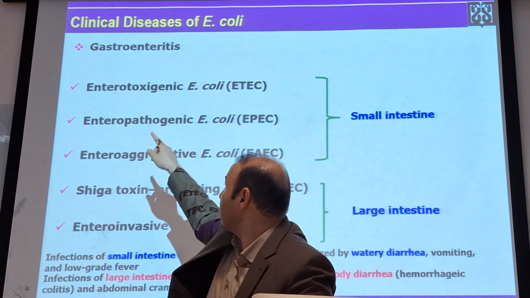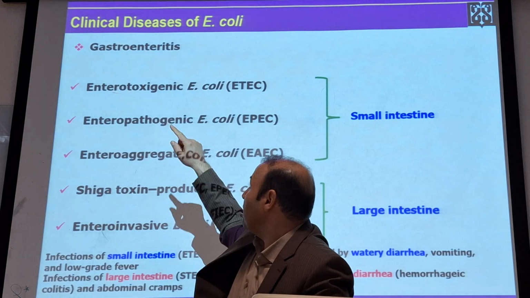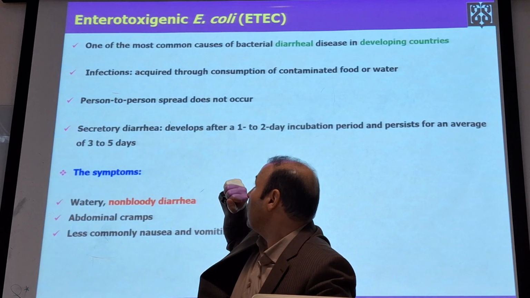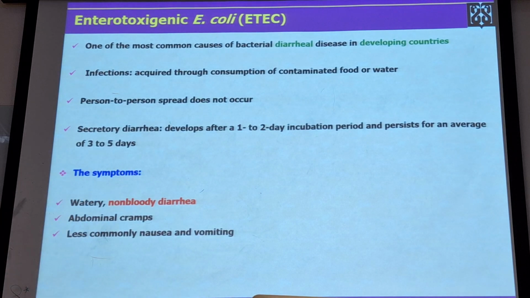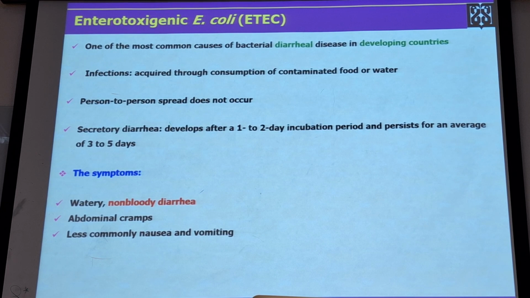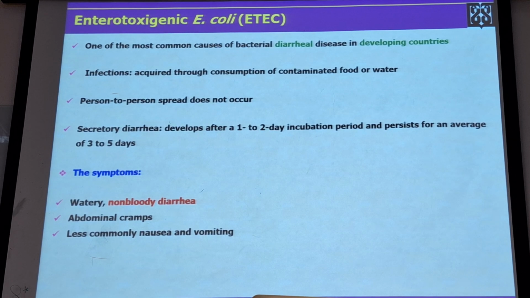ETEC, the first species, enterotoxigenic E. coli. Is its infection just in the GI system? No. The common infection is GI, but it also produces UTI, meningitis, and sepsis.